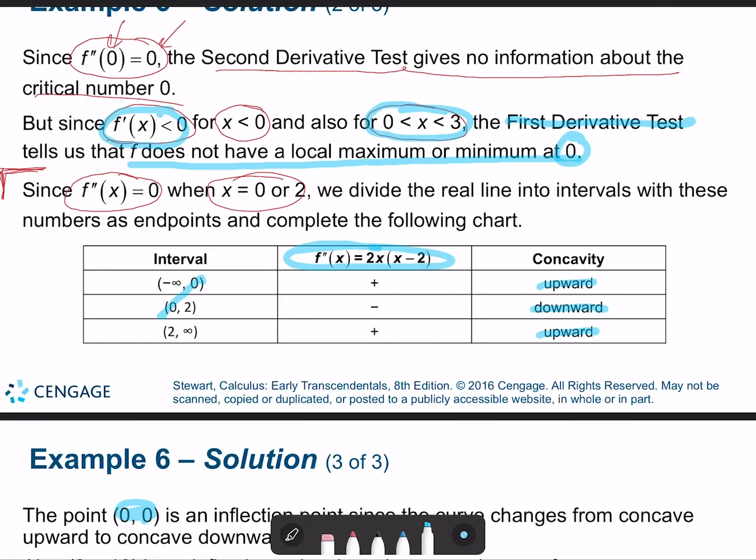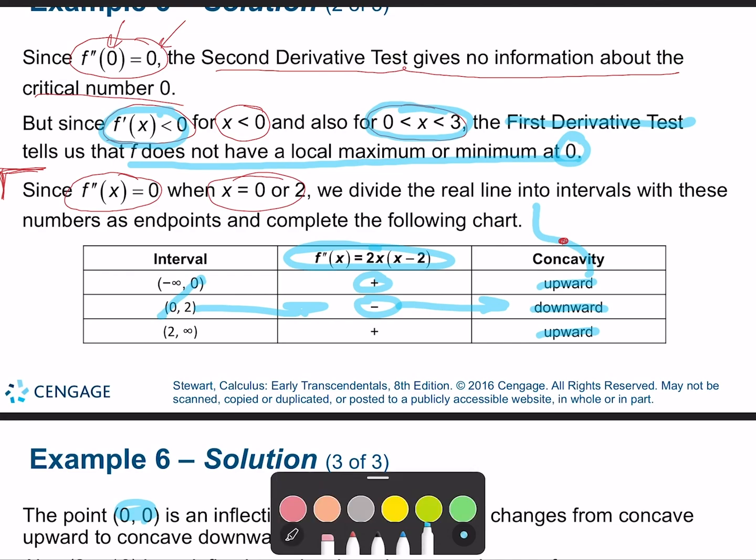To the left of it, we were concave upward. To the right of it, we were concave downward. So if you're changing from concave up to concave down, that point of transition is an inflection point. And then that happened again when x was equal to 2.